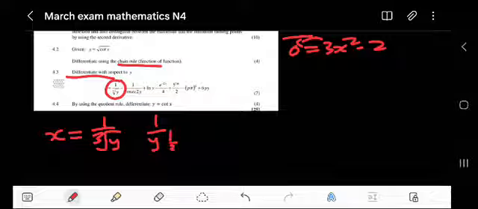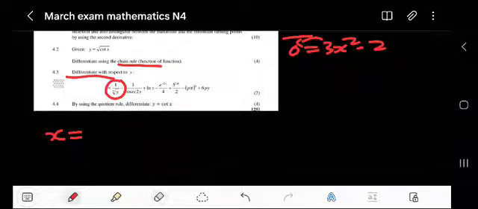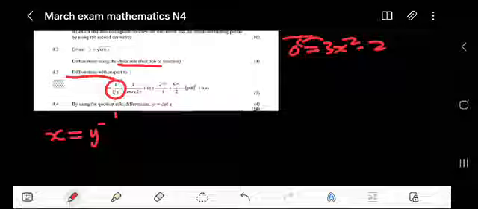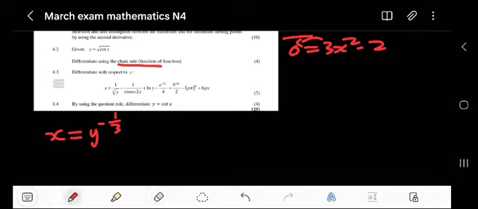We can take that to the top, and it will be y to the power of minus 1 over 3. We've simplified the first one. The second one we have is minus 1 over cosec 2y. All right, that is what we have there.